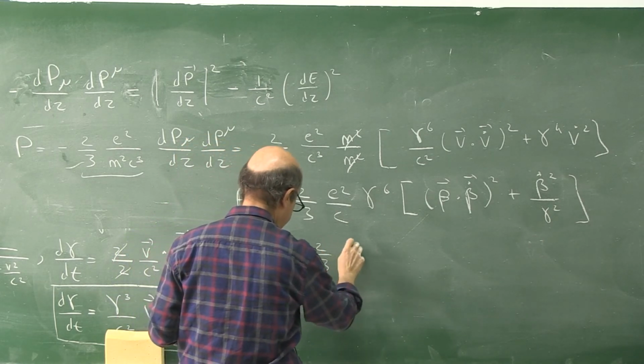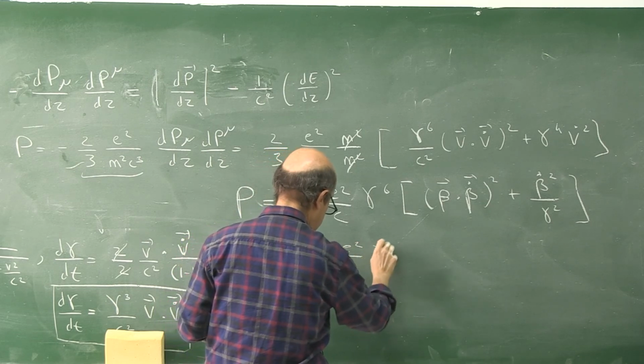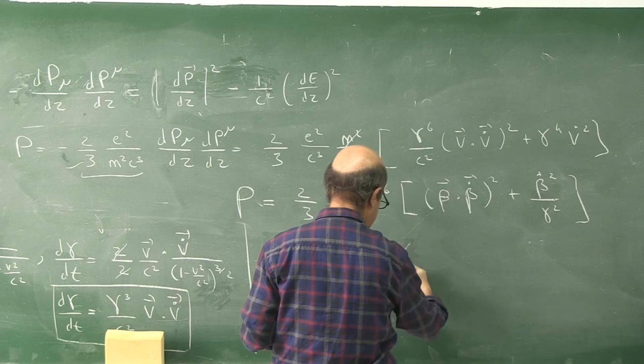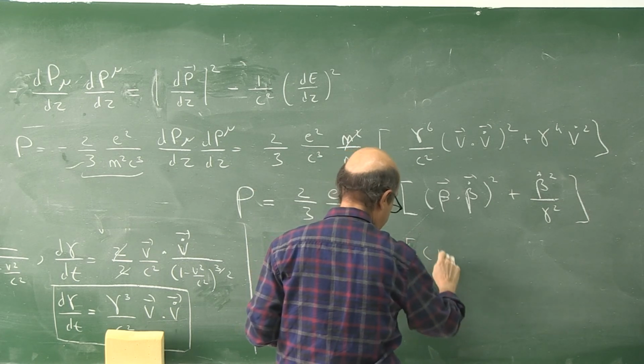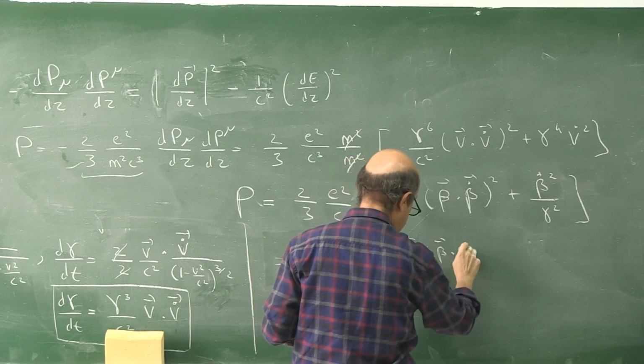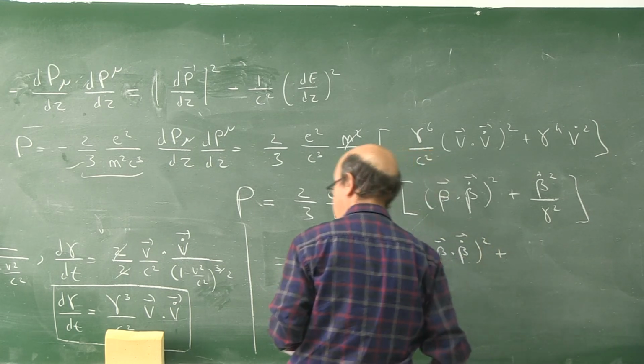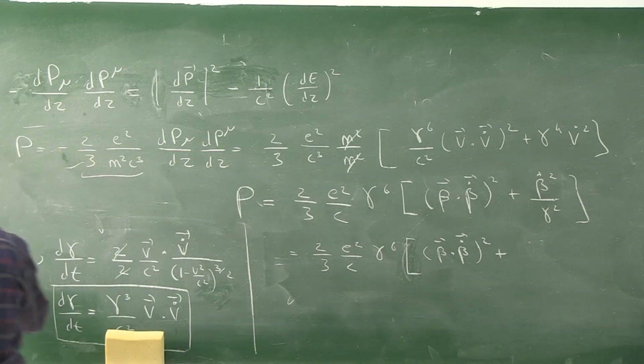2 over 3 e square over c gamma to the 6. Then you have what? Beta dot square plus 1 over gamma square. Where is the gamma? Gamma is here.